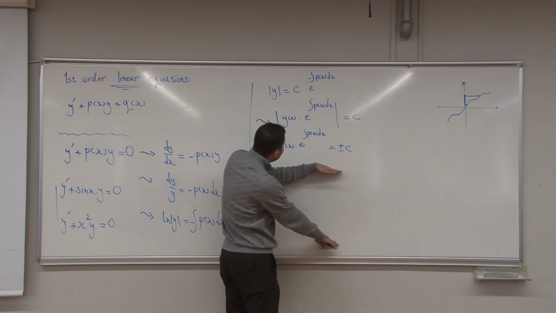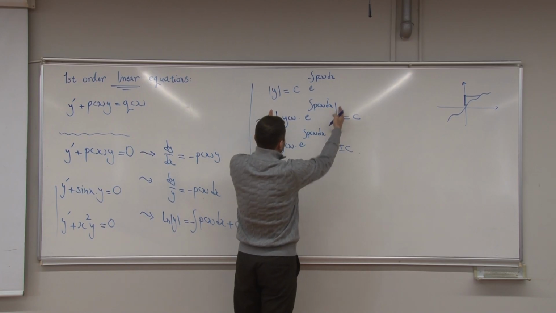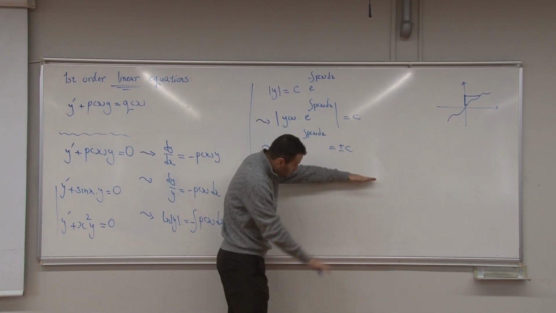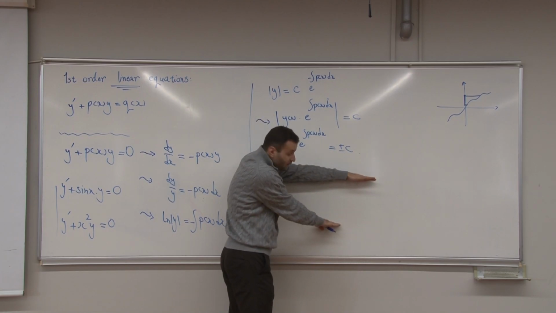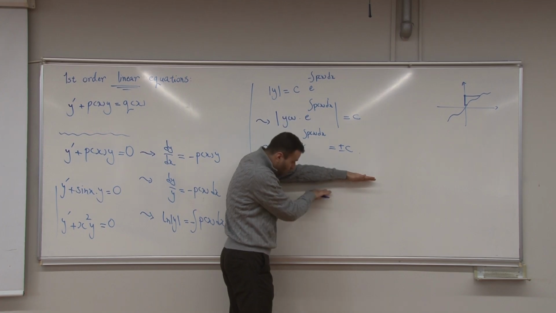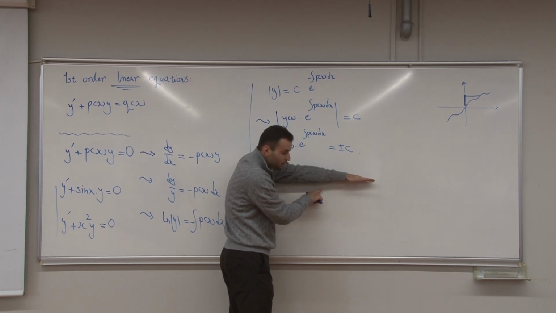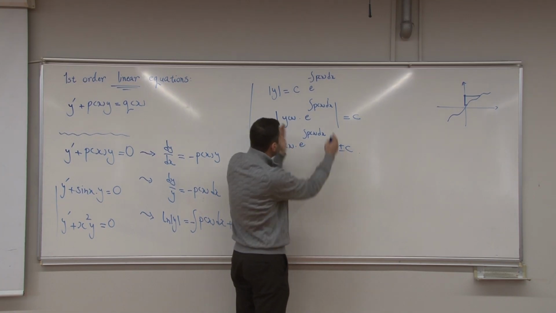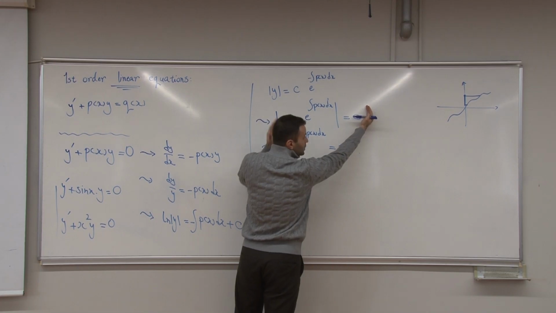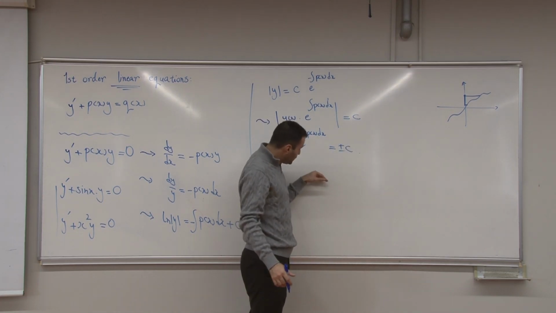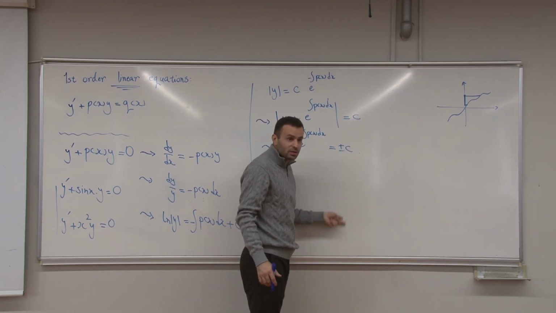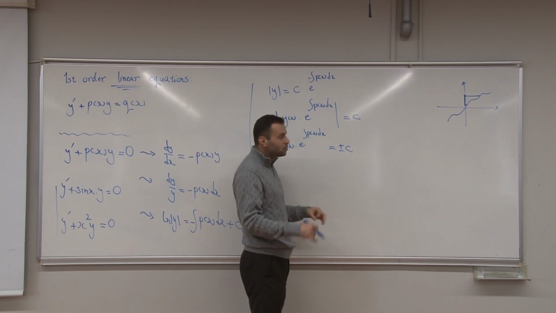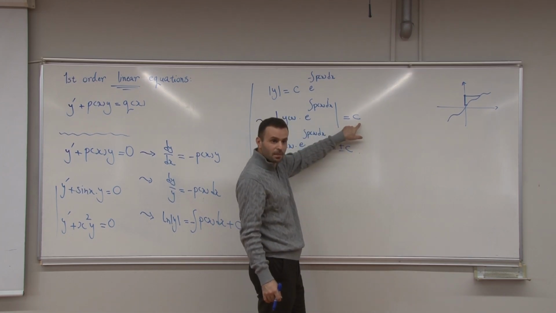But look at this. It is just this one or this one, and it cannot take both of these two values, right? If it takes this one and this one, then it must take all of the values in between as well. But because of this identity, it cannot. It only takes values such that their absolute value is equal to c.